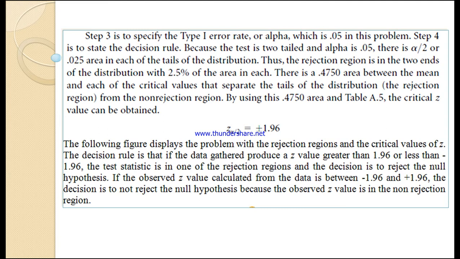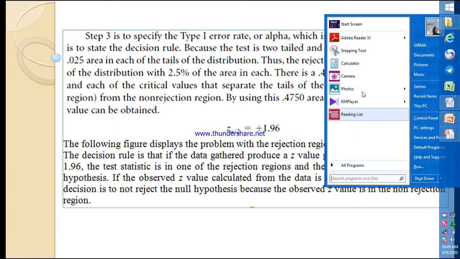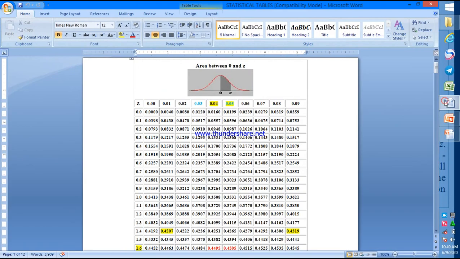When we use the 0.4750 area and look at the distribution, the critical Z value can be obtained, which is 1.96. Let us find this value.